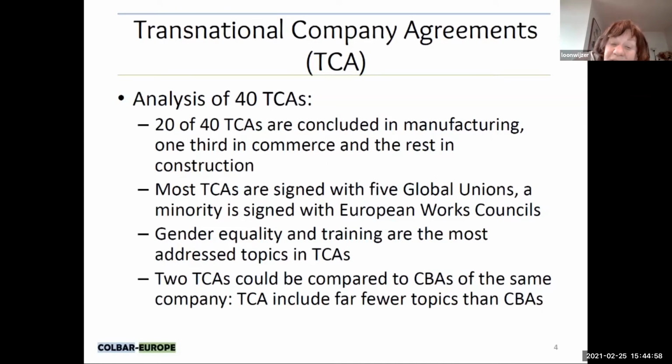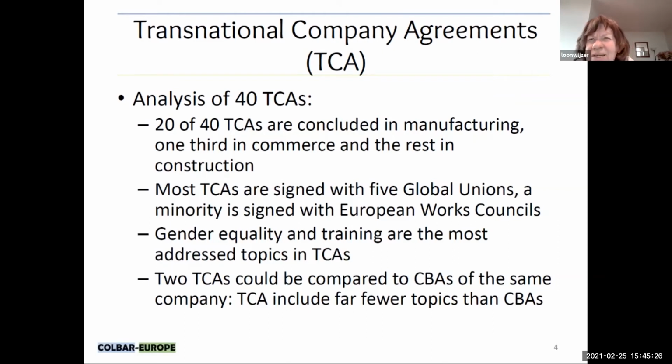Most TCAs are signed by 5 global unions, and a minority is signed with European Works Councils. It was surprising that gender equality and training topics are the most addressed topics in transnational company agreements. The other topics are far less often addressed.